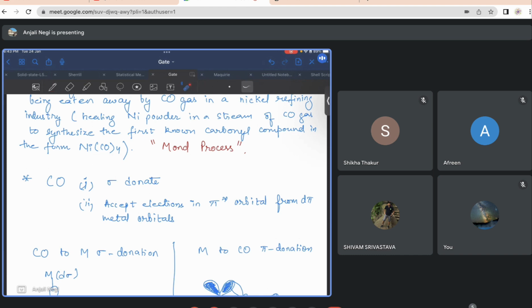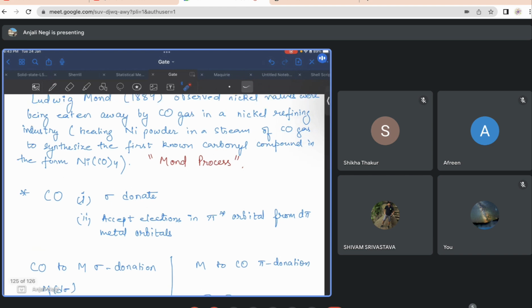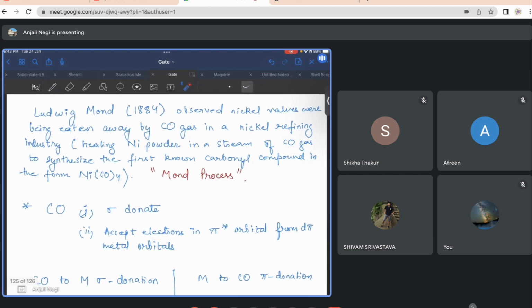So this was the first metal carbonyl found, and this is what is now known as the Mond process, which is famous for nickel refining. So this is the history behind metal carbonyl discovery.